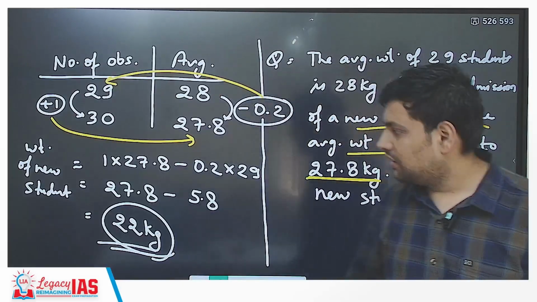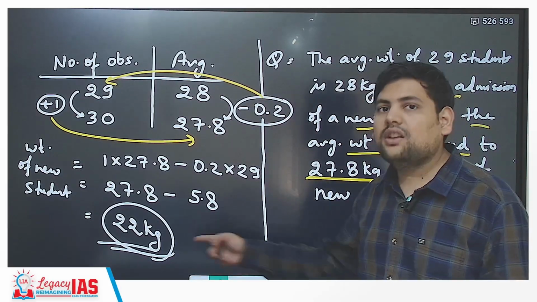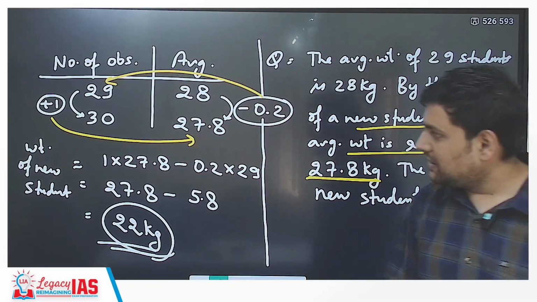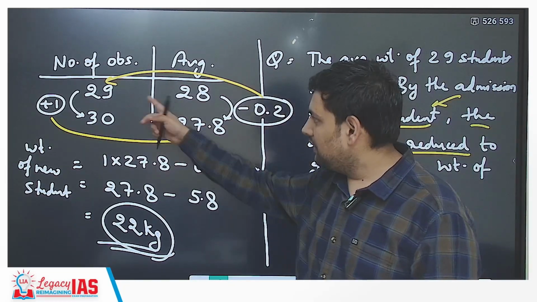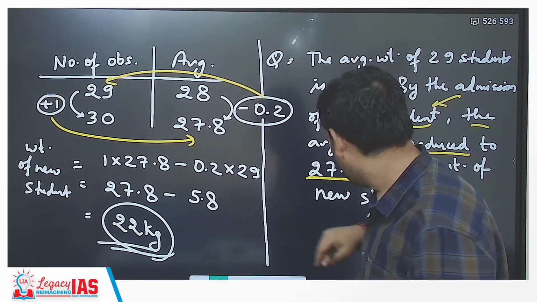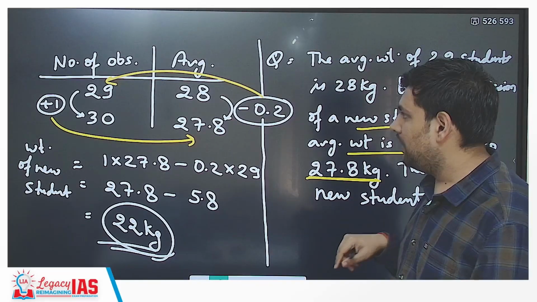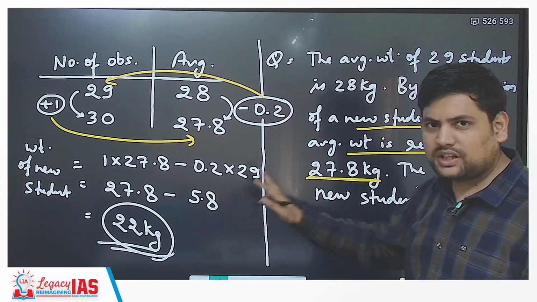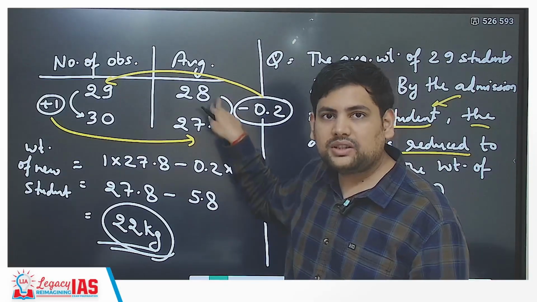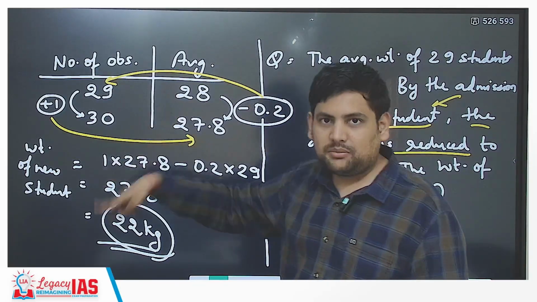This is the weight of the new student. Understood the entire process? We will always get this as the observations. Now let's do one more question. This you understand: how you write the observations, always in ascending order, and then you see the difference as plus or minus. Follow the same process and you'll get to it.